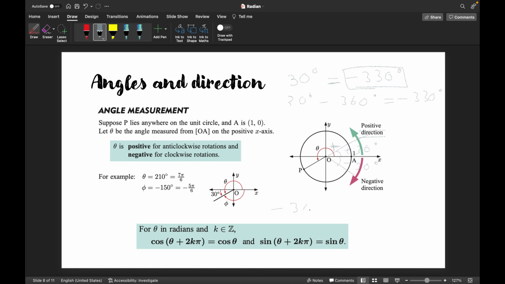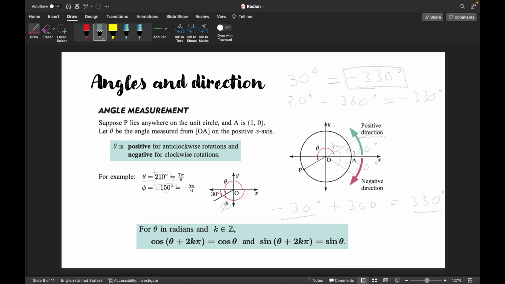So if we add 360, it's going to be 330. So negative 30 is also 330 degrees. This only works because it's a circle and it keeps repeating. That's why this is true for angles. So if theta is this, then this angle will be negative 150 degrees.